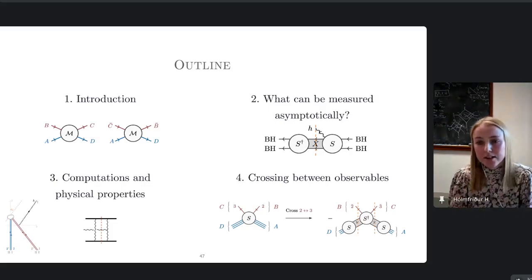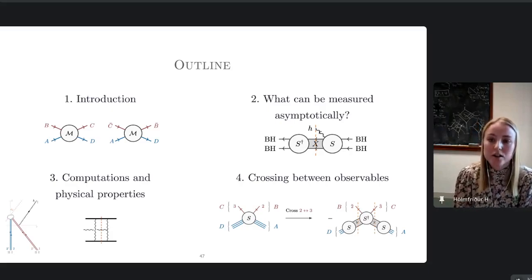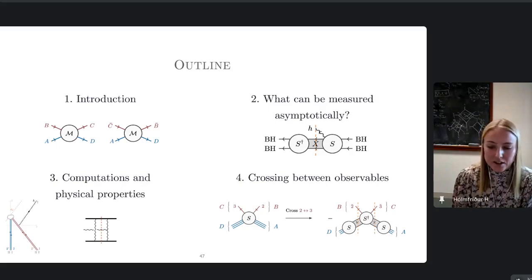What they're doing is putting the objects on a different time-folded contour. So we're able to capture not just scattering amplitudes, but also exponentially many other different asymptotic observables. Then we talked a little bit about their physical properties and how to compute them. And now we're going to talk again about how to relate them by analytic continuation.